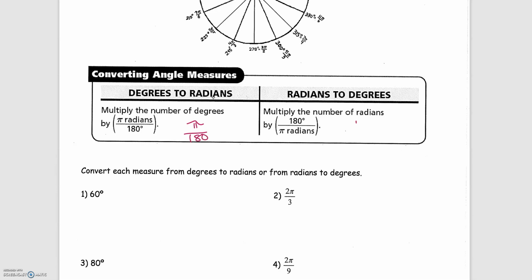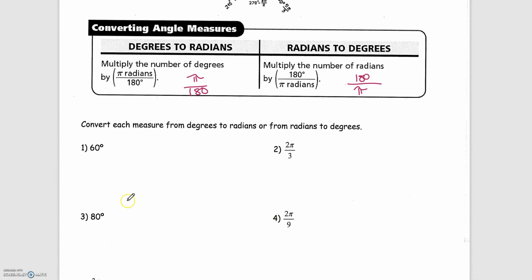If we want to go the other direction, into degrees, it's 180 over pi, because we need to cancel out our pi. Basically, if we don't have a pi, we put the pi on top and multiply across. If we do have the pi, it goes on the bottom and the 180 goes on top, and we multiply across, because we want the pi on the top to cancel with the pi on the bottom, and then just multiply the numbers and simplify.